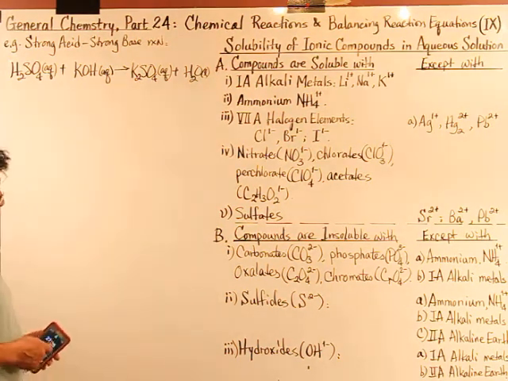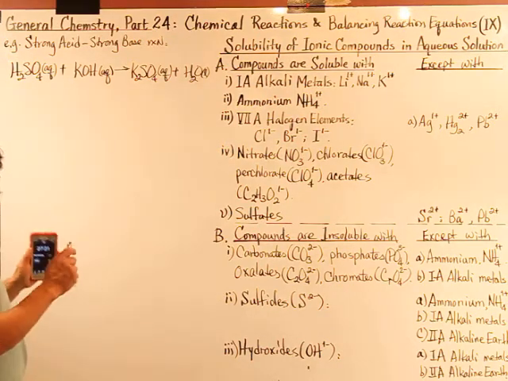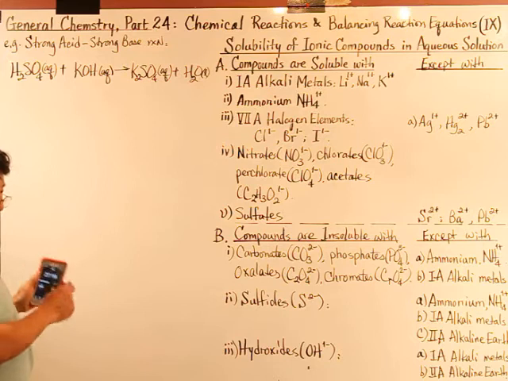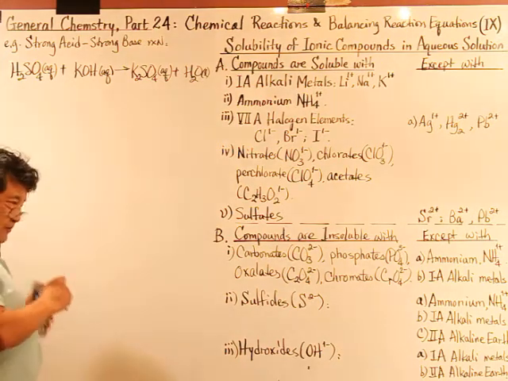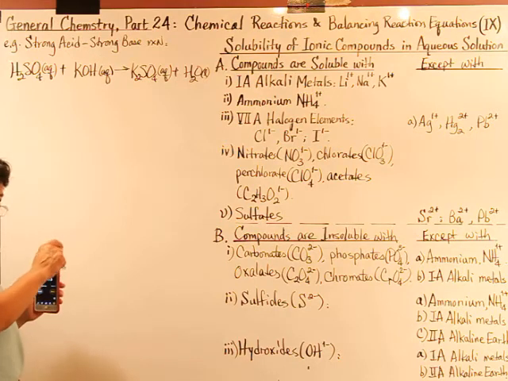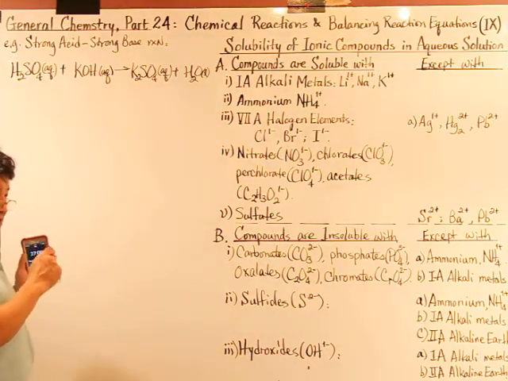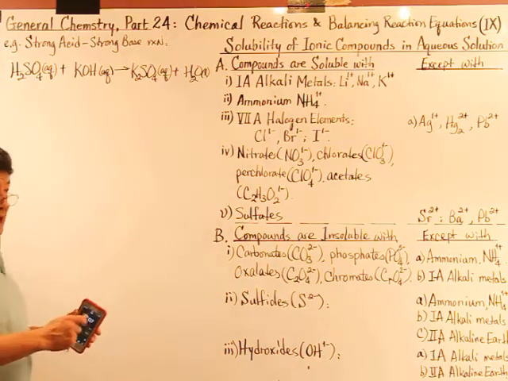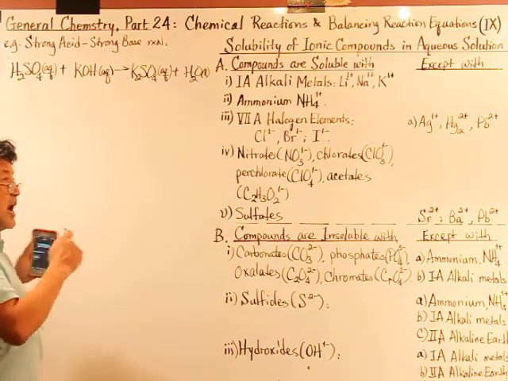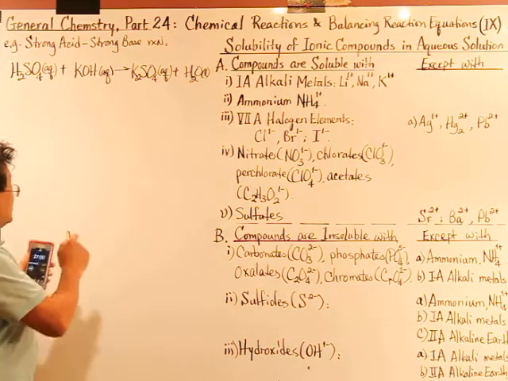Now the situation is different here. When they were talking about the second hydrogen atom dissociating from the hydrogen sulfate, which is HSO4 1 minus, that is the dissociation process of the hydrogen sulfate in aqueous solution by itself. But here it is not. Here is different.